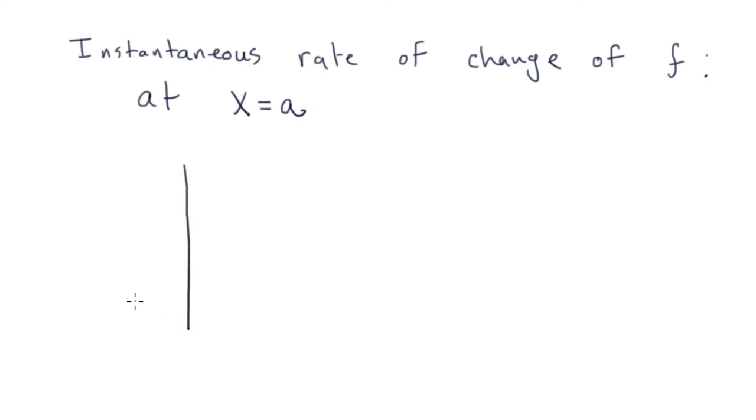Okay, so let's think about this in terms of a picture. So recall if we have a function, so let's just draw some function that we're looking at. If you like, you can think about it, it's the position of a car at a certain time, something like this. Okay, and so remember, if we had an interval, we could find the average rate of change, or the slope of the secant line.